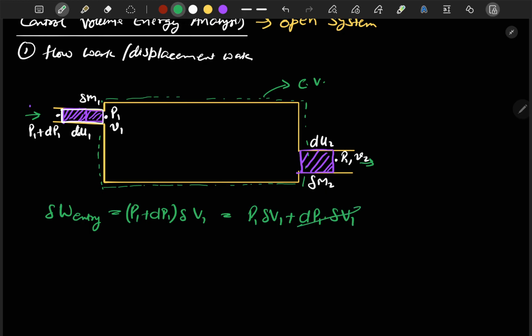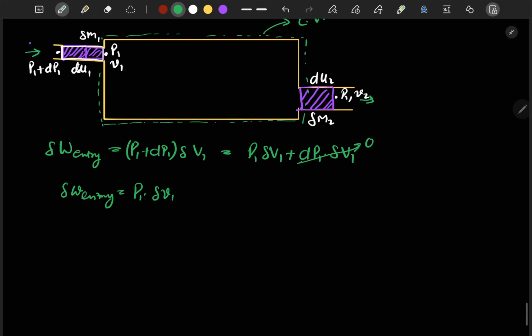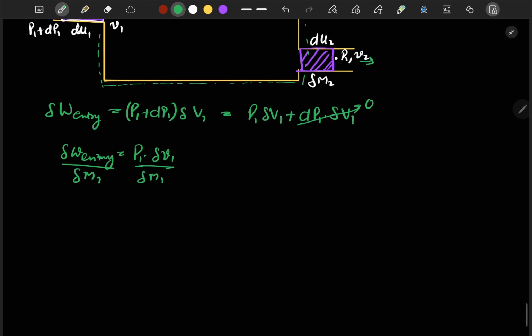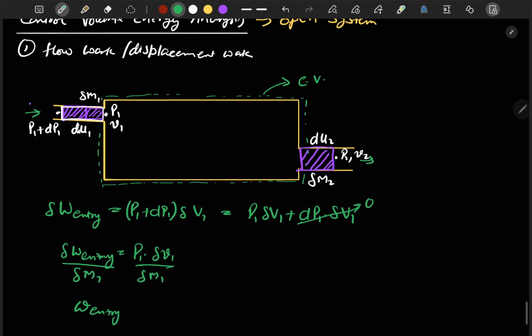Now since this second term is very small, we will directly neglect it, and so we can say that delta W at entry is equal to P1 into delta V1. Now if we divide both sides by the mass of the inlet element, delta M1, we will get the specific work at entry, which is known as displacement work.